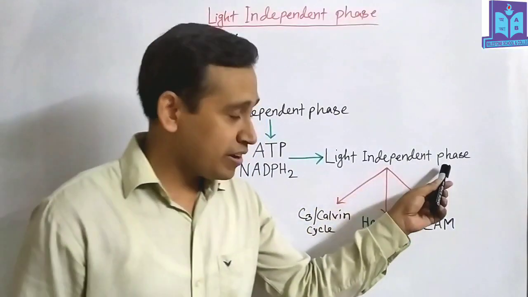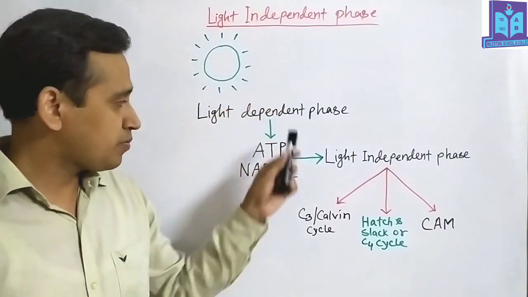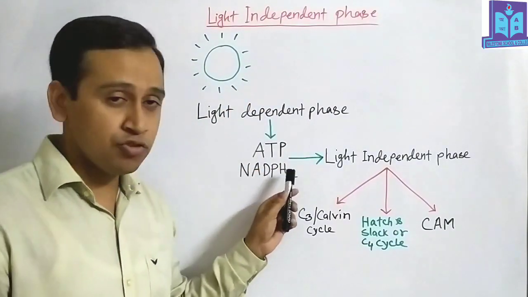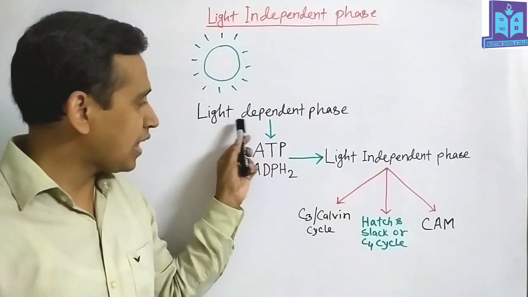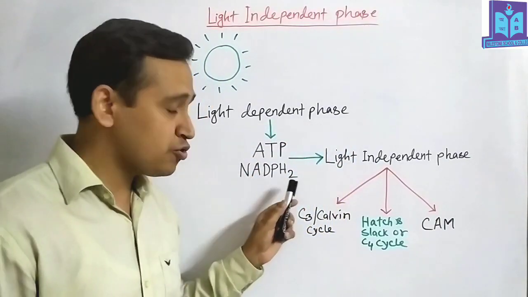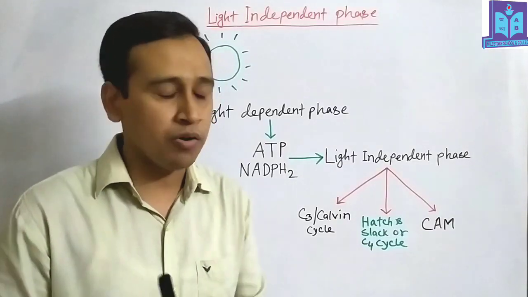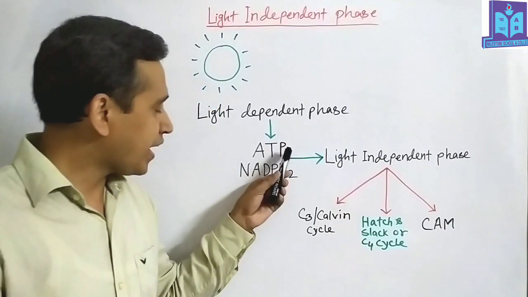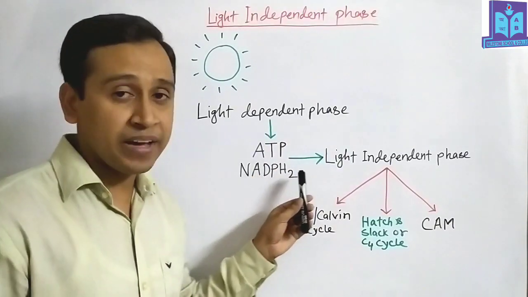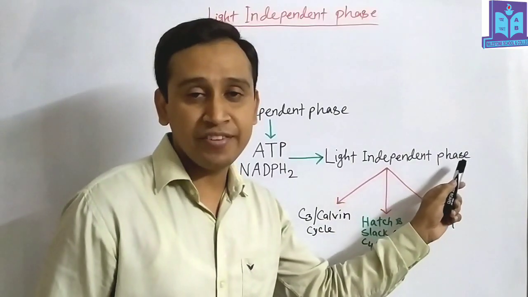The light dependent phase indirectly depends on light because ATP and NADPH2 are produced in it, and this ATP and NADPH2 are called assimilatory power. With the help of ATP and NADPH2, carbon dioxide is reduced in the light independent phase.